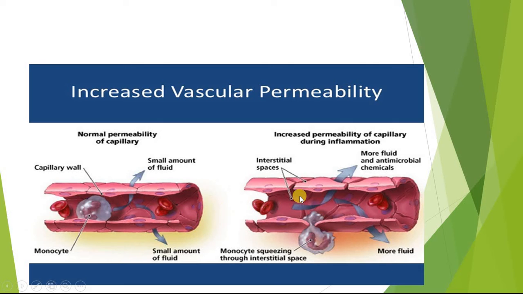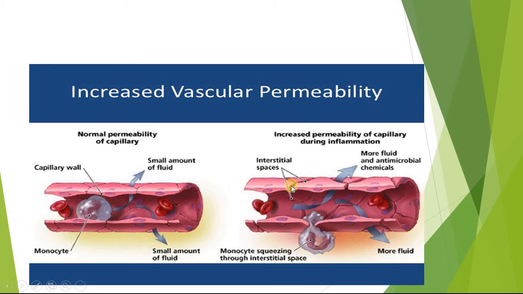Due to inflammation, there are some mediators from the site of injury like histamine, bradykinin, leukotrienes and other chemical mediators which activate the endothelial cell. Activated cells cause the junctions to become weakened.